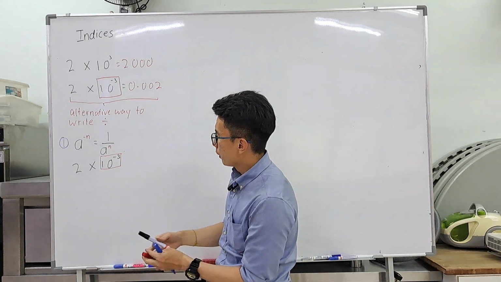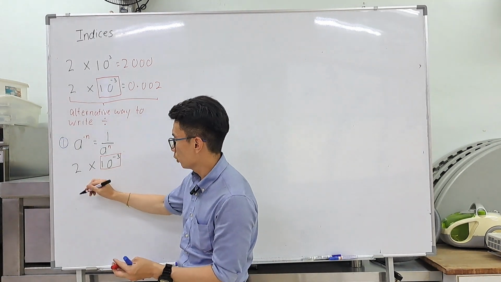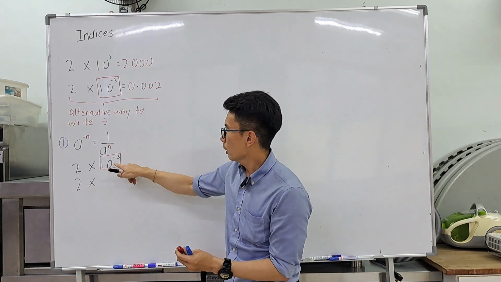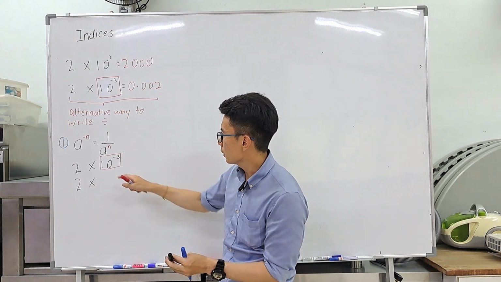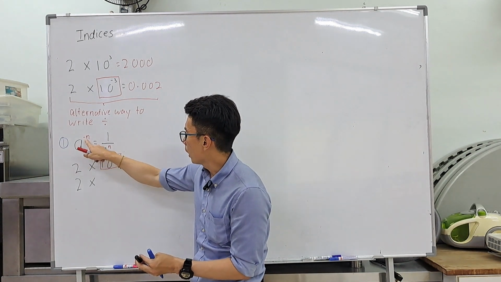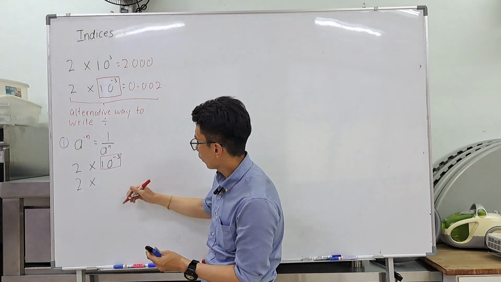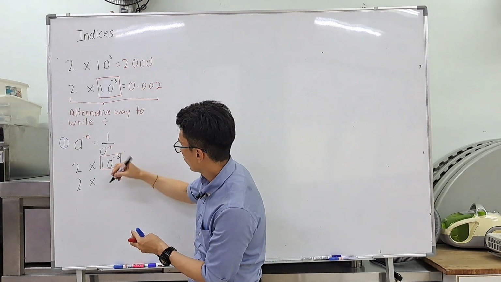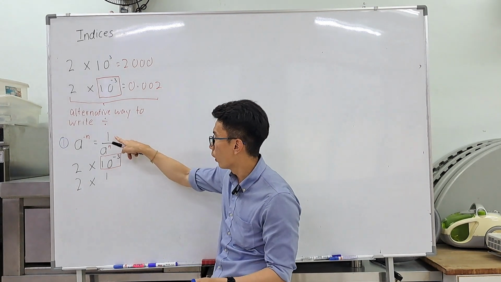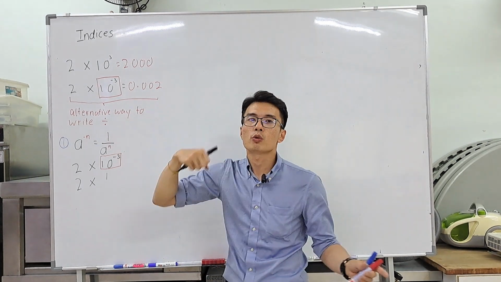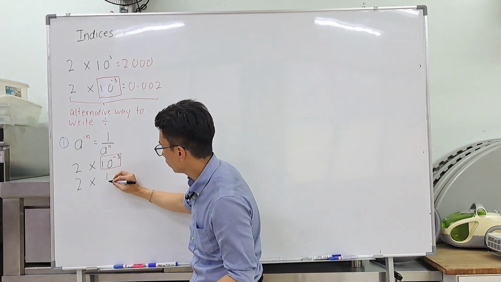I'm doing nothing with the 2 yet, so I'm just going to write 2 down. Multiply 10 to the power of negative 3, it is a number to a negative power, so I can rewrite this as a fraction. I'm going to rewrite this as 1 over. It is always going to be 1 on top. It's not going to be 2, it's not going to be 3, it's always going to be 1.